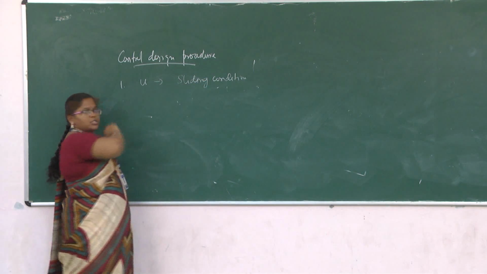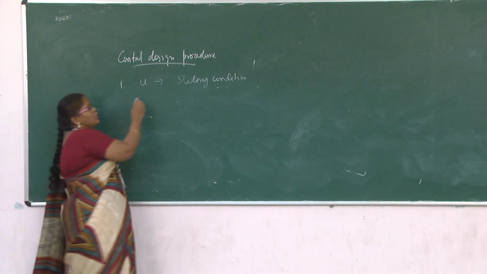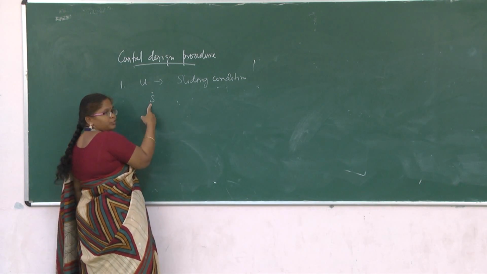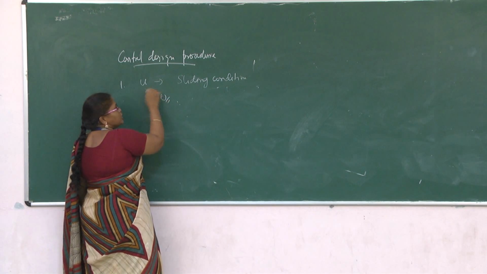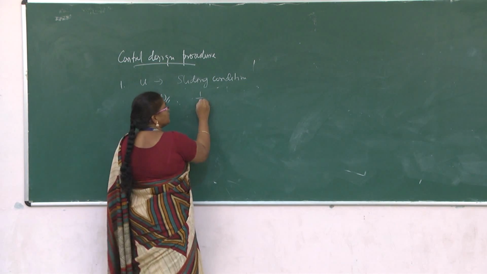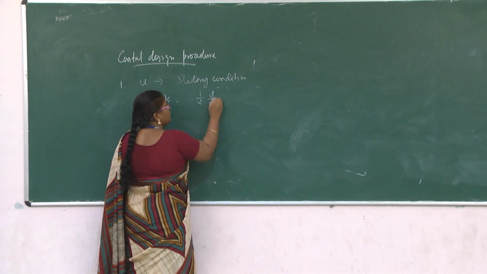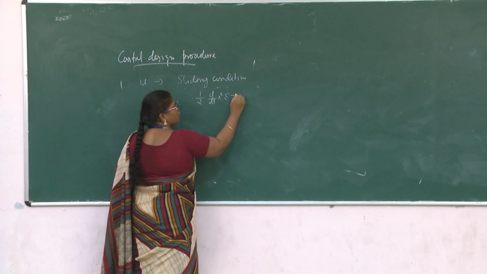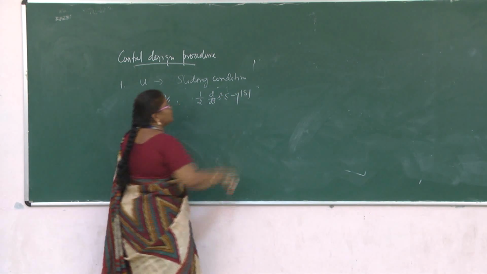In order to have the sliding control law, we have to differentiate s of t, and the sliding condition we already know, that is 1 by 2 d by dt s square less than or equal to minus eta s. This is the sliding condition.